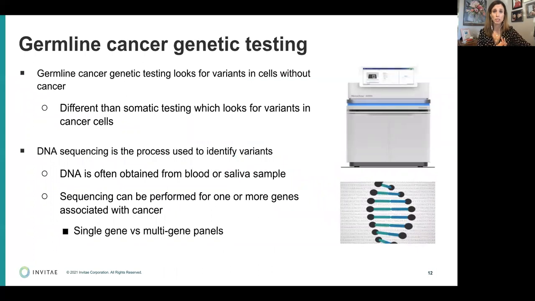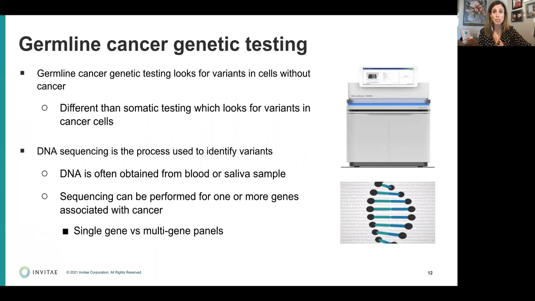In the germline cancer genetic testing space, what we are doing is looking for variants in cells without cancer. So this is different than somatic genetic testing, which is looking for variants in the cancer cells. We actually want to look at normal cells.